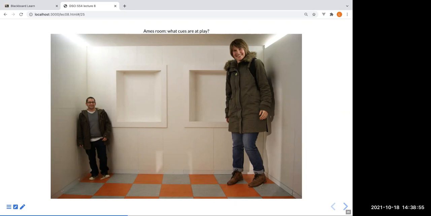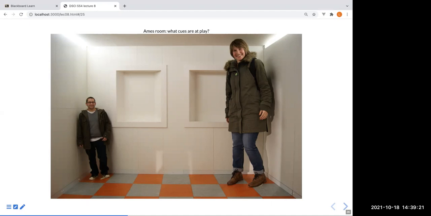Here we have what is called the Ames room, and it's a room that is crafted to give you the illusion that the familiar size conflicts with the geometry of the room. So you know what the size of people is.